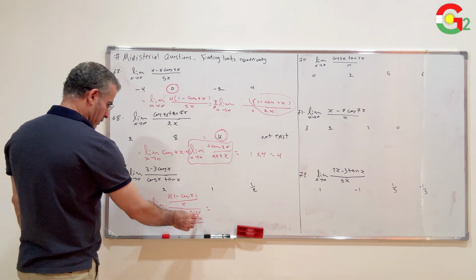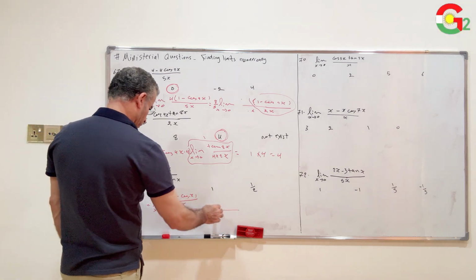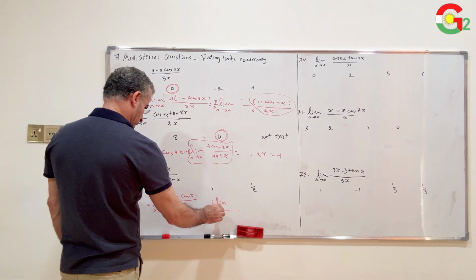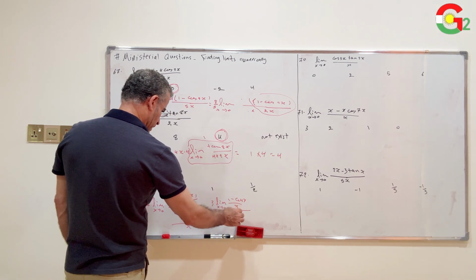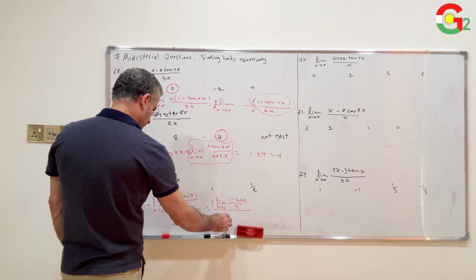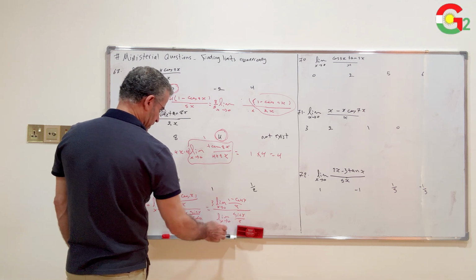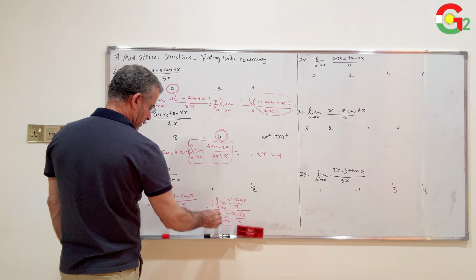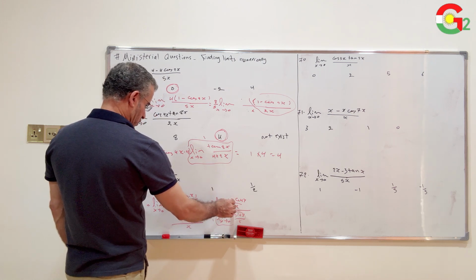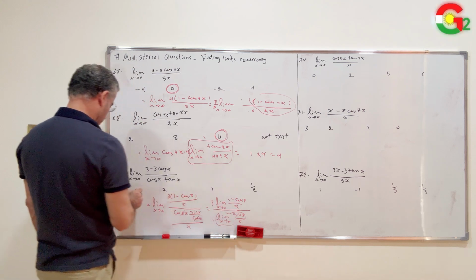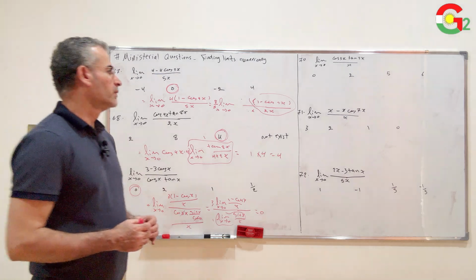Cosine x cancels with cosine x. The limit will be 3 times the limit of 1 minus cosine x over x, over the limit of sine x over x. This limit is 1, this limit is 0. 3 times 0, 0 over 1, 0. The right choice is A.